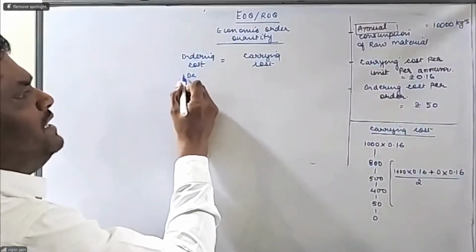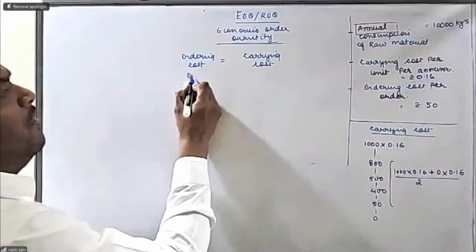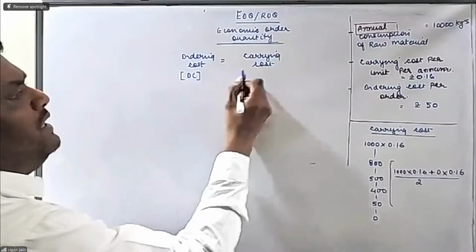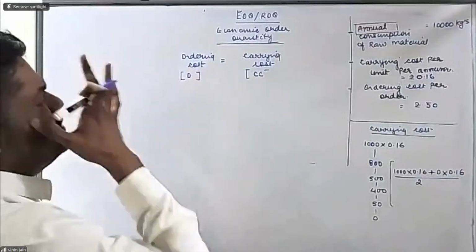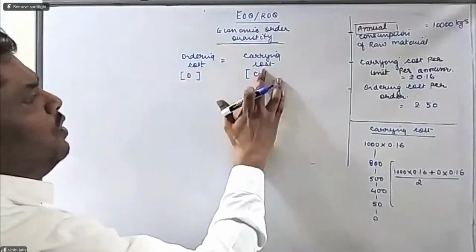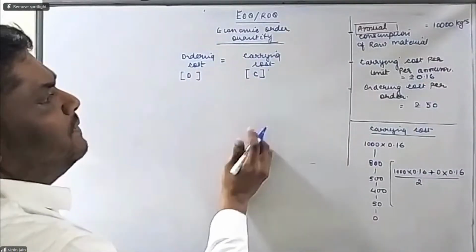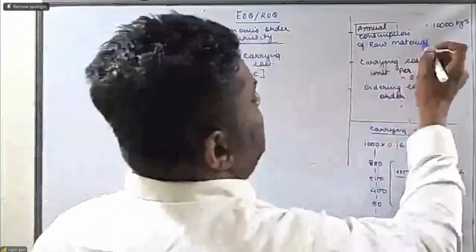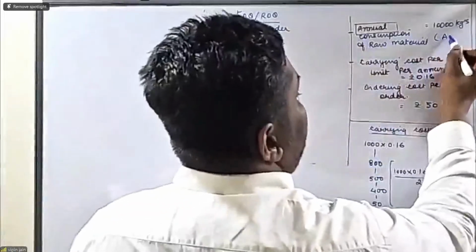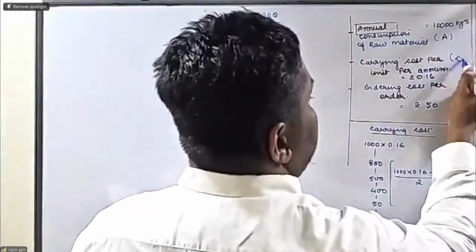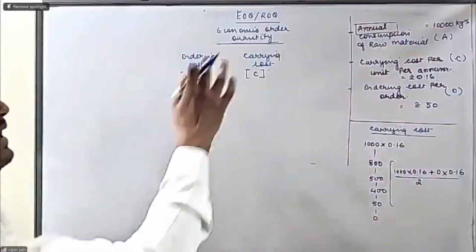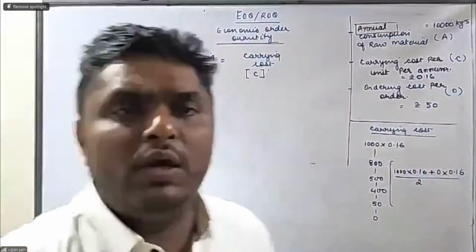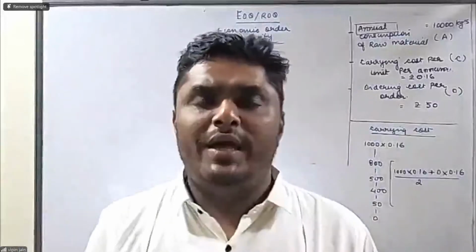Ordering cost is O, carrying cost is C, and let's take the annual consumption as A. So at economic order quantity, ordering cost is equal to carrying cost.